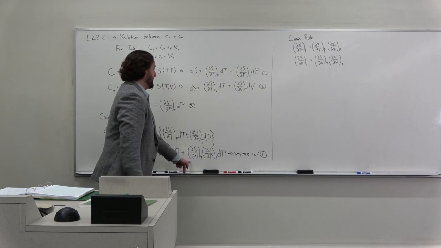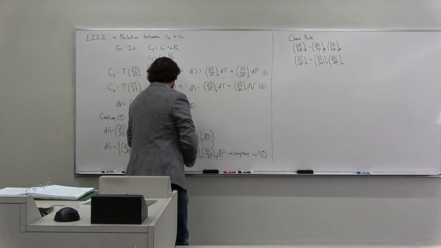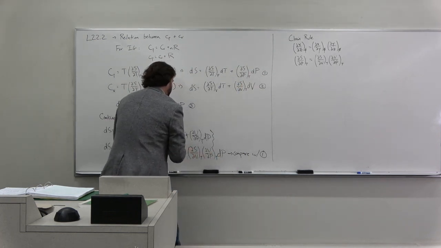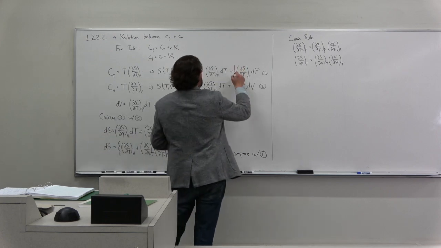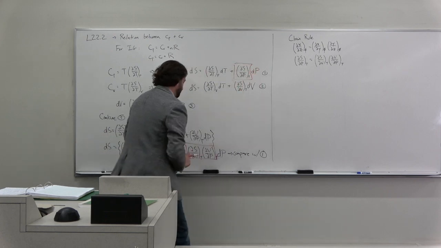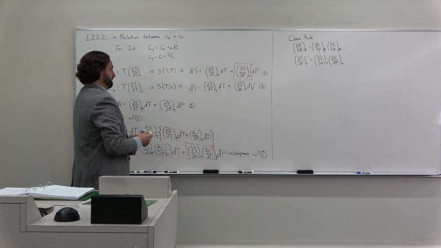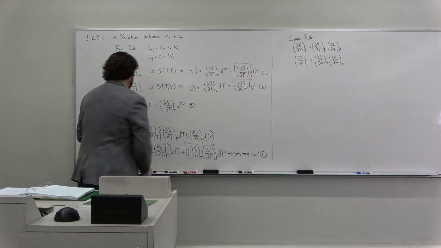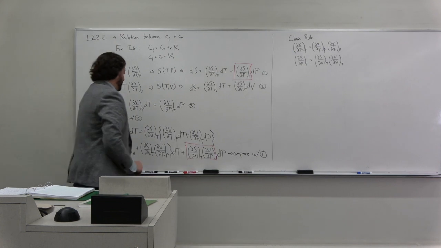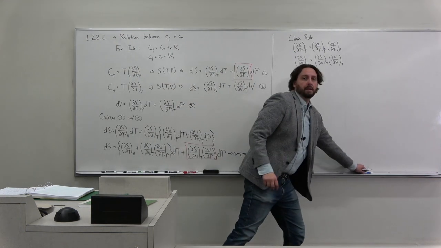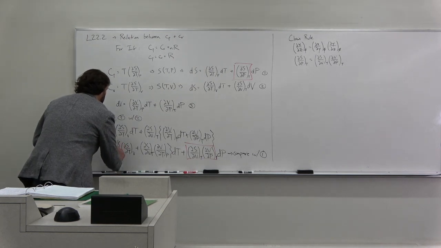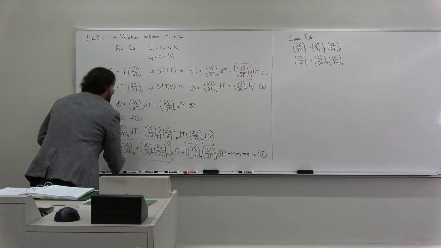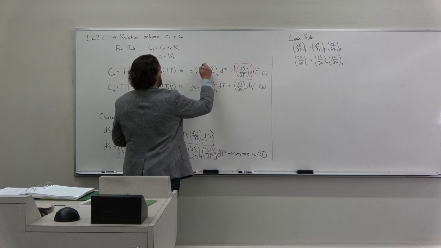And so we can see this term and this term, let's highlight them, are identical. Okay, so now let's compare the other term. Let's compare this term with this term.